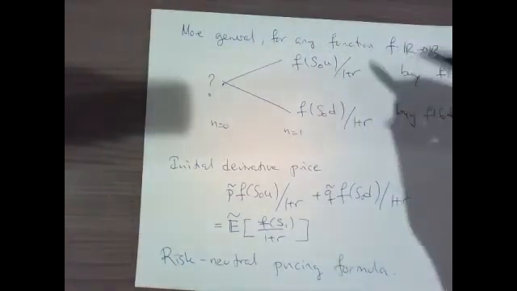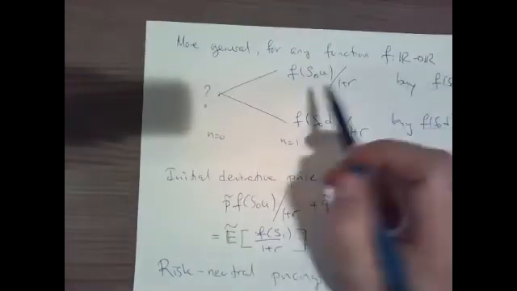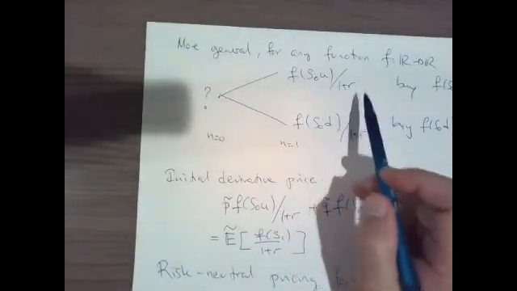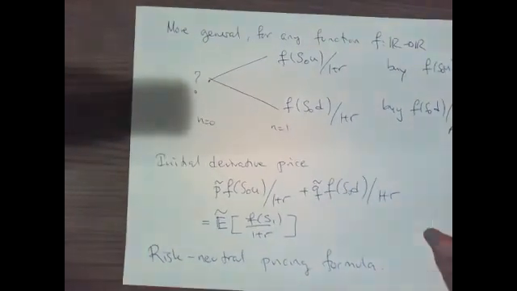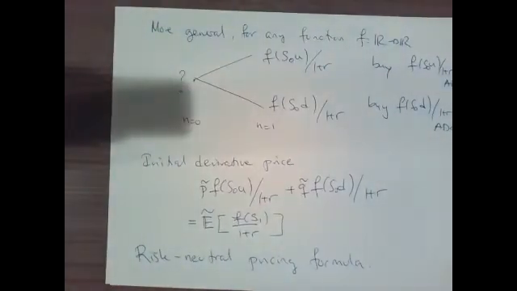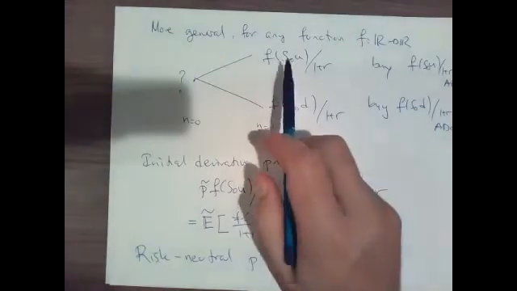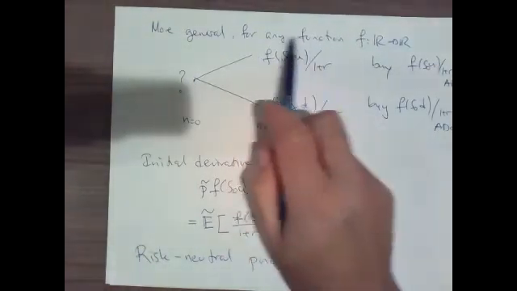So I'm interested in the value of a security that has this as its payoff in the up state and this as its payoff in the down state. How much are we willing to pay for this payoff? Well, how much are you willing to pay for the payoff in the up state alone?